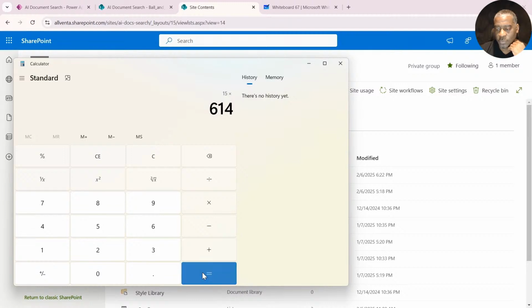Multiply that by 614, you get 9,210 minutes. These are level of effort man hours, man minutes. So you divide this by 60 to see how many hours this is going to be. That's going to put you at 153 hours to get through those contracts.